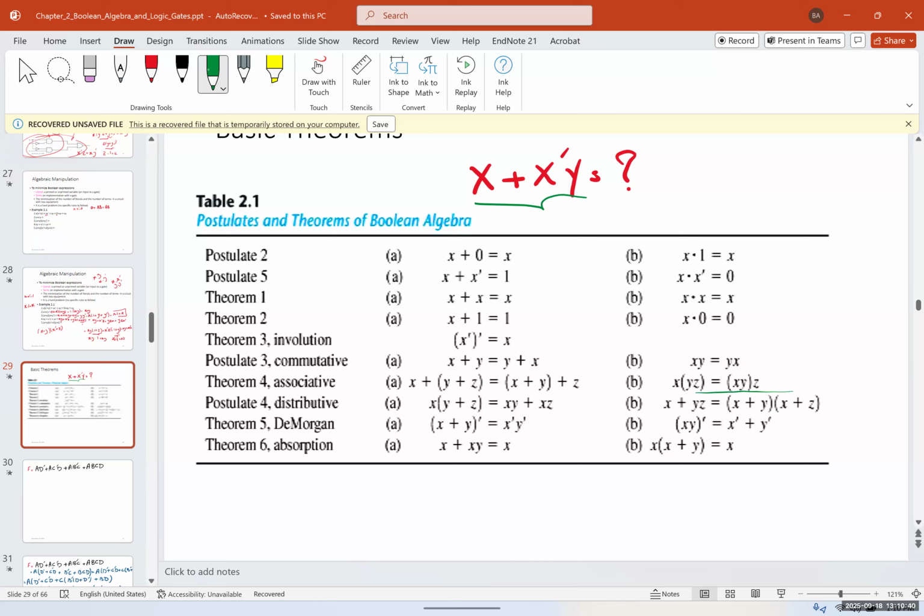Can I use this postulate over here? Postulate number 4, distributive law, 4b. Yes. So if I use 4b, what would the results be?